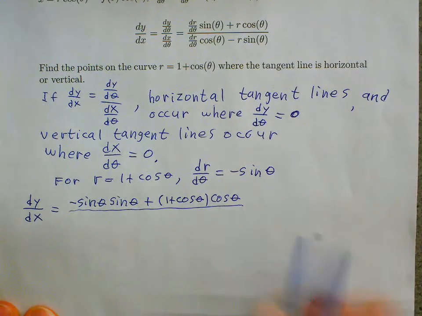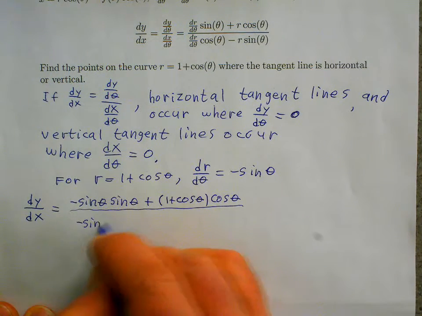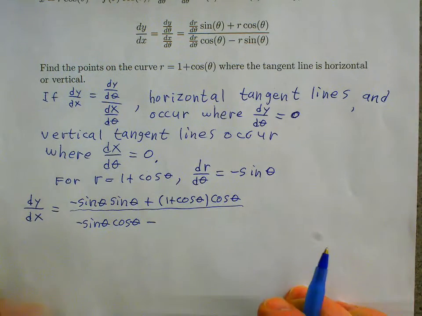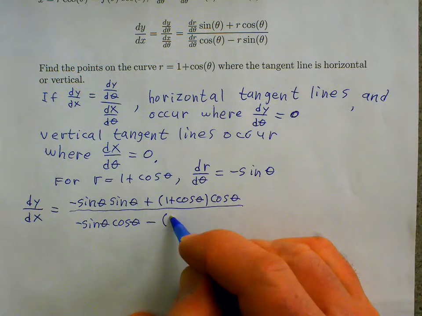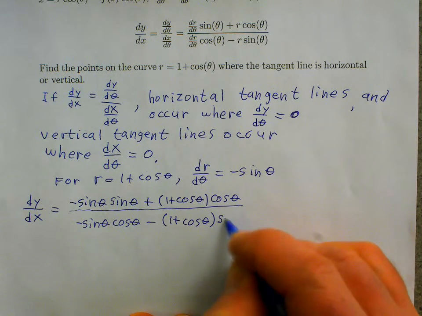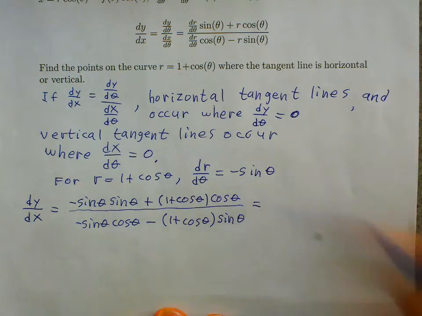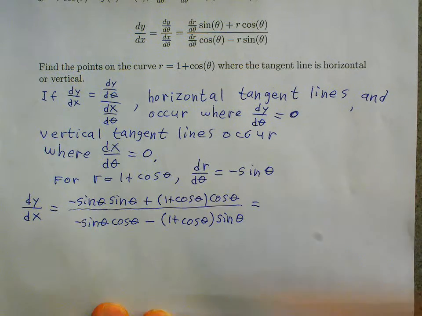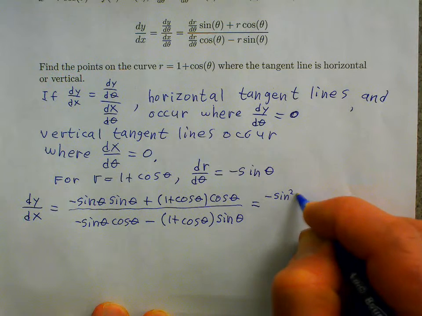And in the denominator, the derivative of r with respect to theta is negative sine theta times cosine of theta. And then minus r times sine of theta, but r is 1 plus cosine theta. We multiply that by sine of theta. Then we do a little bit of algebra and arithmetic. So negative sine of theta times sine of theta is negative sine of theta squared.